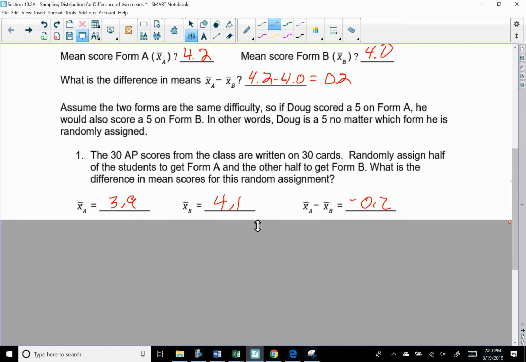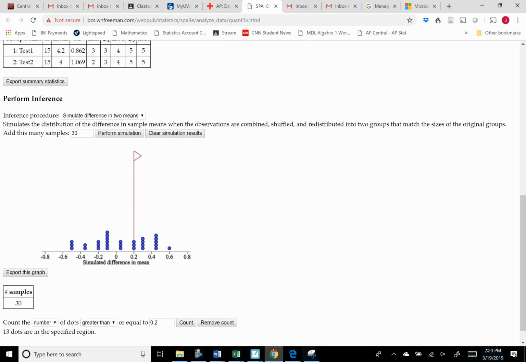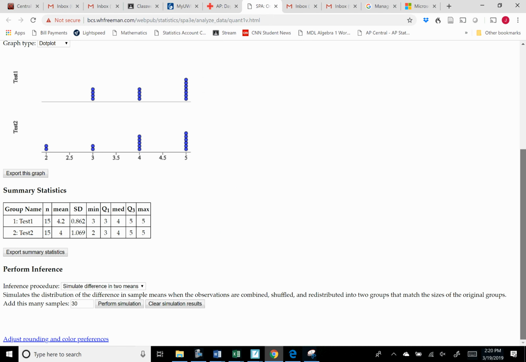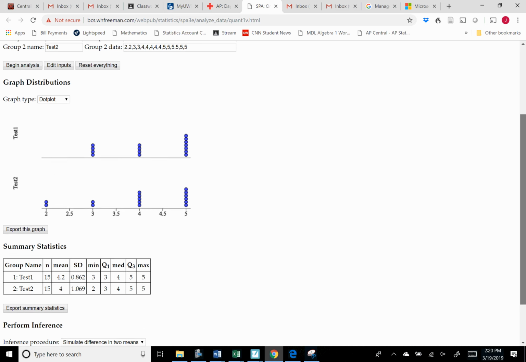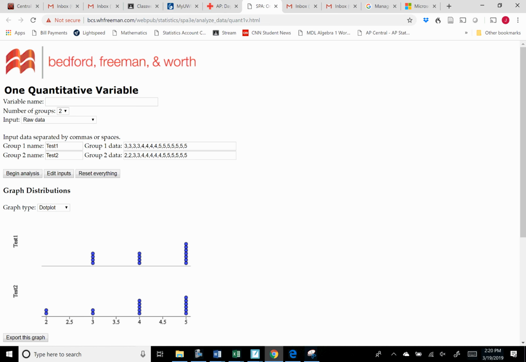Okay, so here's the deal. We don't have the people to simulate that. So what I do have here is a website that has a simulation built in. I typed in the data that we had there, the same outcomes from Form A and Form B. Using this simulation, I hit begin analysis, and what it does is it plots the data for us.